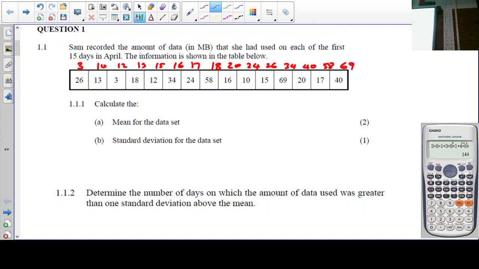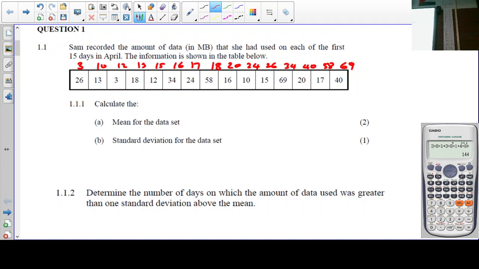You don't have to write the numbers in order. It's just going to make things a bit easier for you if you want to calculate the range and how many values lie within one standard deviation of the mean and things like that. But it can be done without writing the numbers in order.